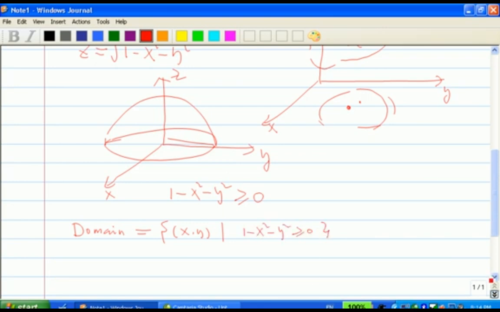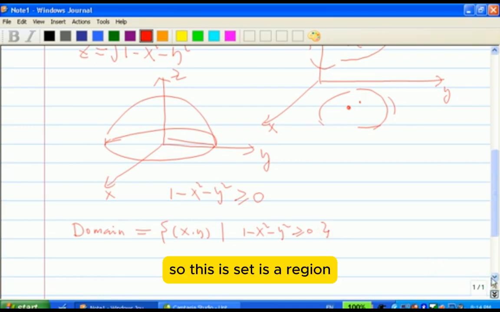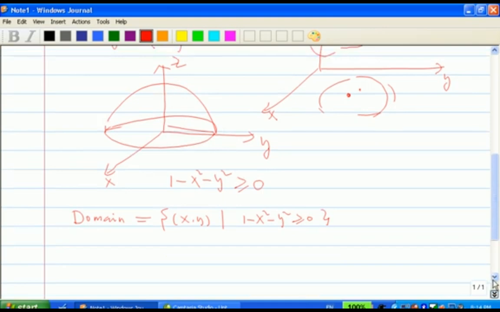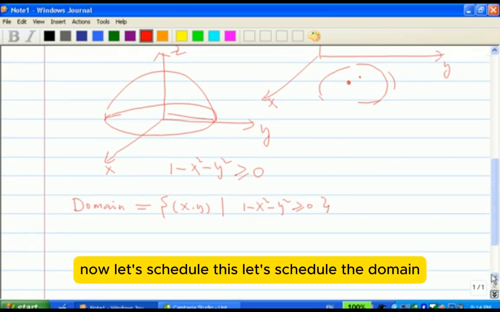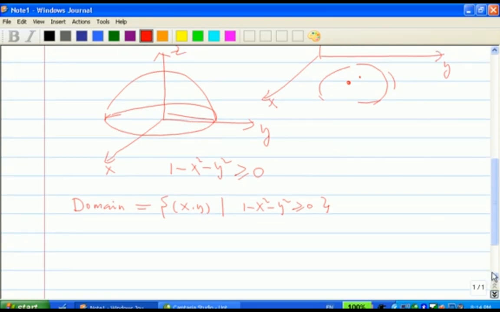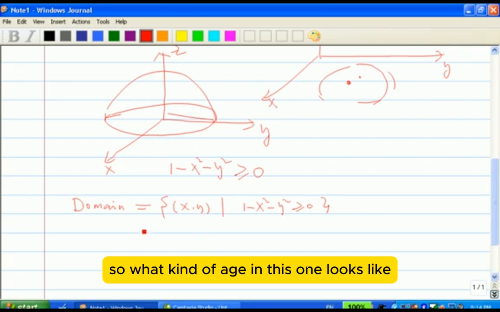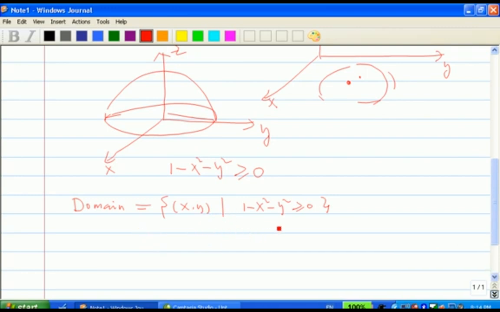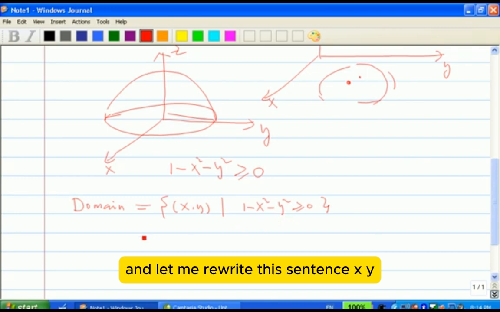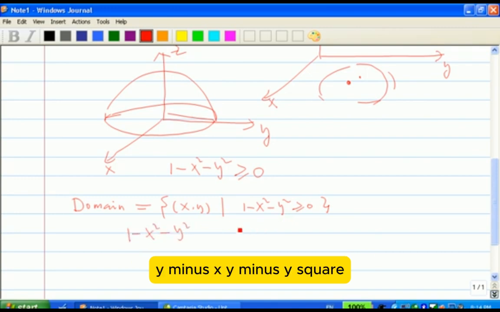So this set is a region in the xy plane. Now let's sketch the domain. What kind of region does this look like? Let me rewrite this: 1 minus x squared minus y squared.